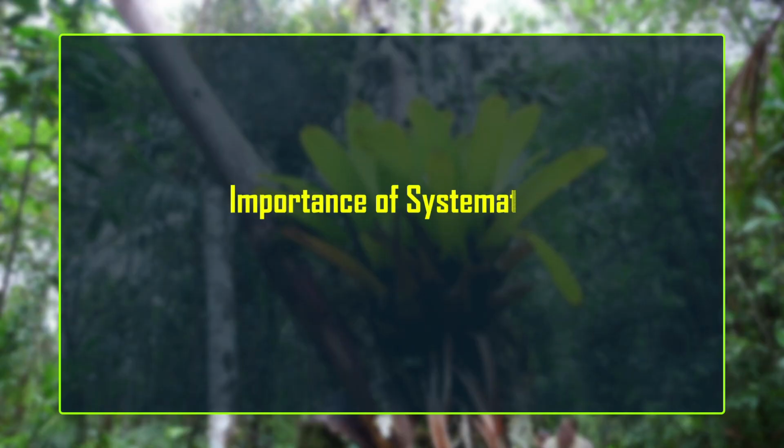Lastly, now let us highlight the importance of systematics to human society. Systematics as a scientific discipline is important in providing a foundation of information about the tremendous diversity of life. In fact, systematic research is the basis for collecting, cataloging, retrieving, and using information about biodiversity.